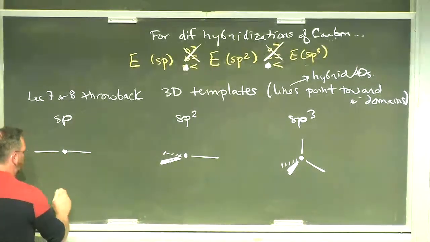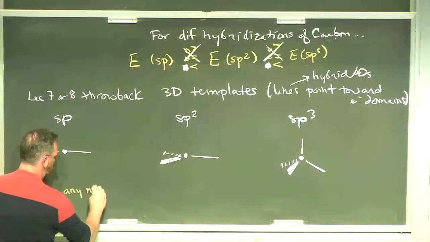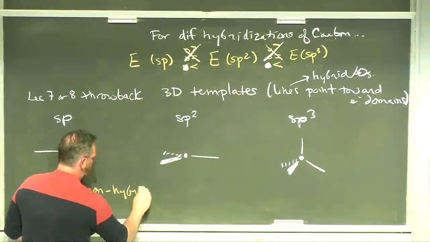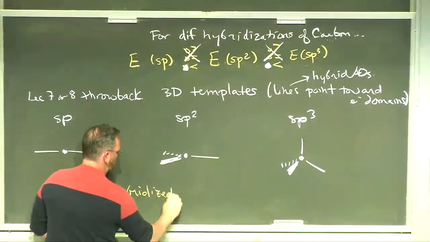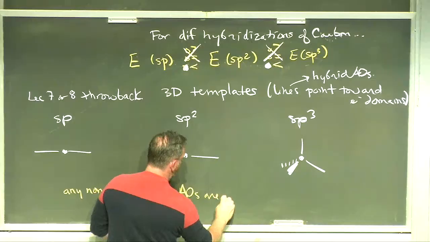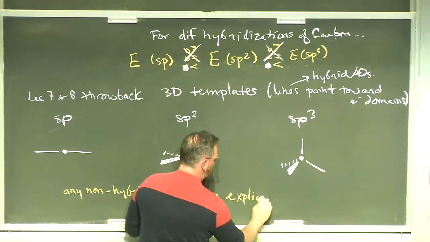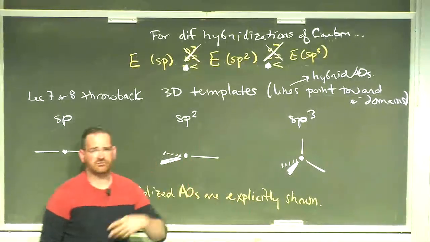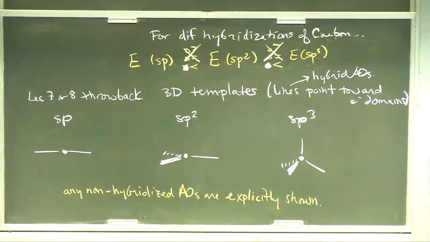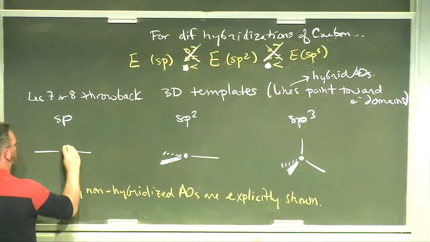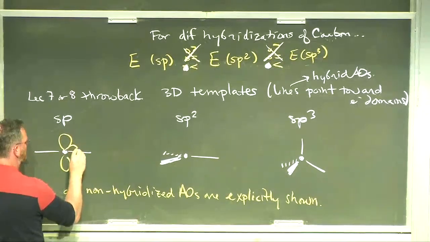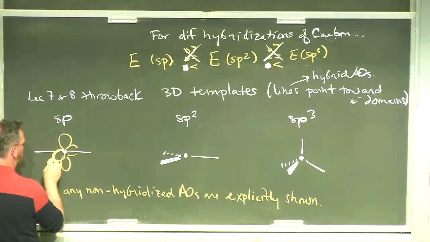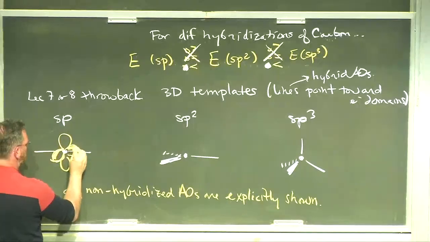And then what we do is that any non-hybridized atomic orbitals are explicitly drawn. They're not shortcutted in any kind of way. They're just drawn. So for SP, we have our PY and our PZ.